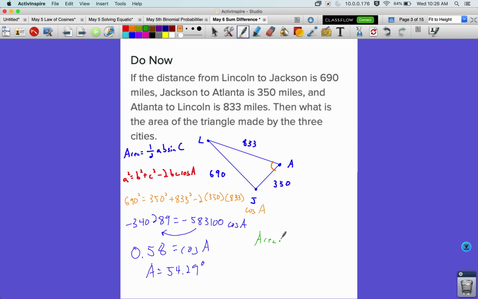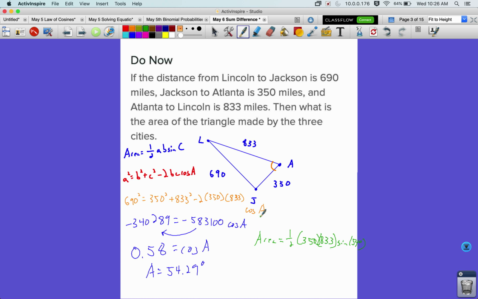Area equals 1/2 times 350 times 833 times the sine of 54 degrees. Plug that whole thing in. Let's see, I gotta get the number back. I can just type it in.